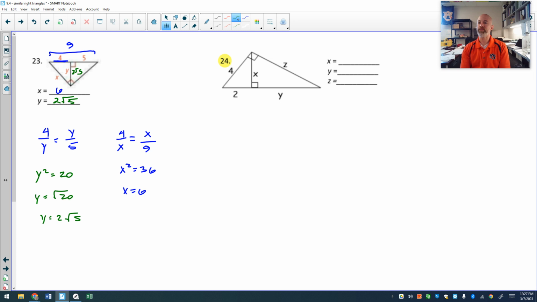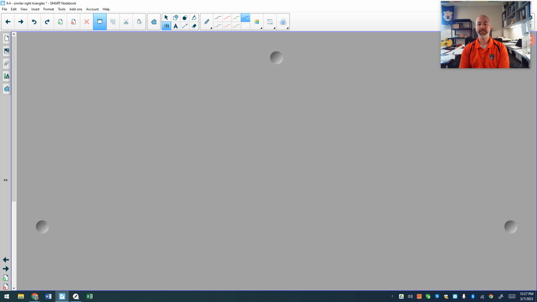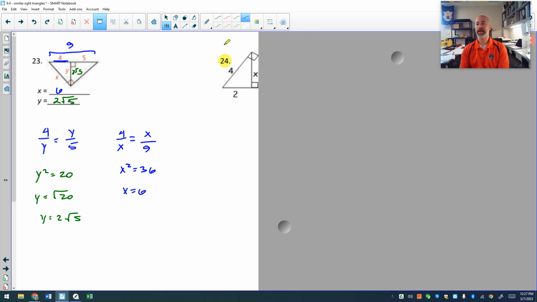Let's see, number 24. We need to solve for x, y, and z. The easiest one to solve for first, I think, is going to be x, because I can completely ignore the right side of that triangle, and I can get x here with just the Pythagorean theorem. If this is x, that's a right angle.